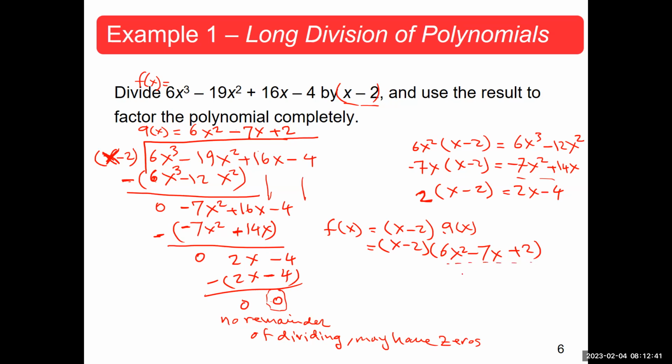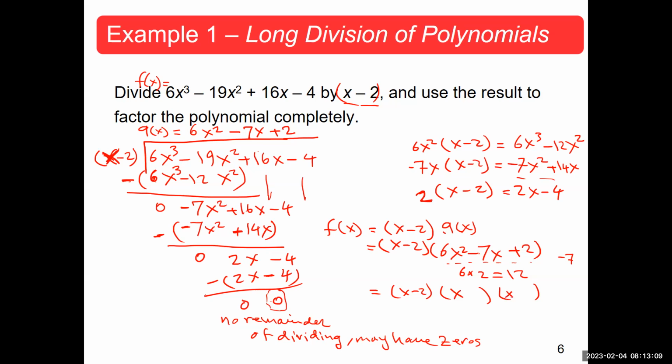Let's try that. 6 times 2 is 12. Then I need parentheses here and parentheses here with two numbers that add to negative 7 and multiply to 12.